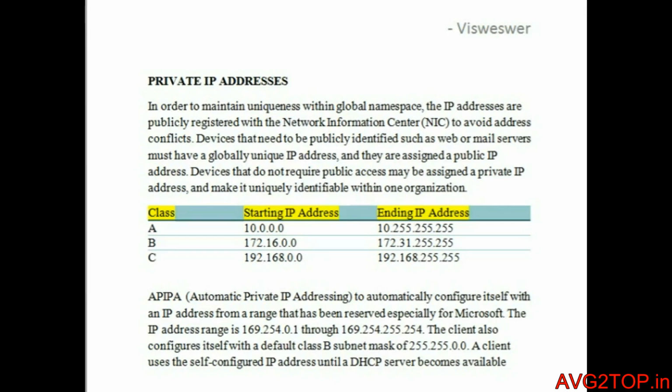So this is a self-configured IP address assigned to the device or computer if DHCP fails, if the dynamic host configuration fails.